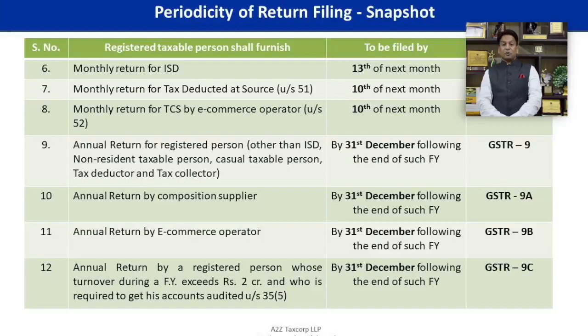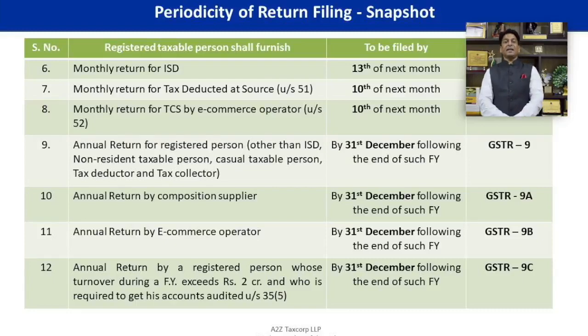And there would be the concept of annual audit by form number 9C, which is called the annual audit report, to be filed by a taxpayer whose aggregate turnover is more than 2 crore. A practicing chartered accountant or cost accountant is empowered to conduct the audit, and they will provide the audit report, which would be submitted along with GSTR-9C, and the due date would be 31st December of next financial year.